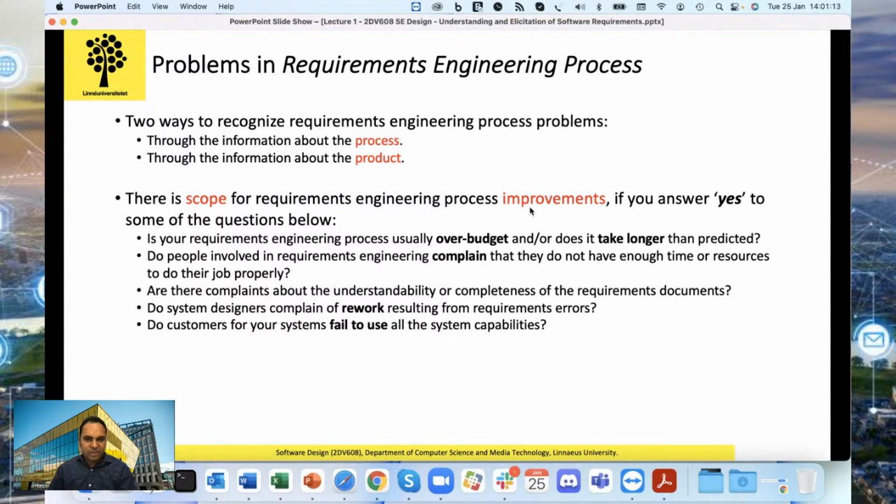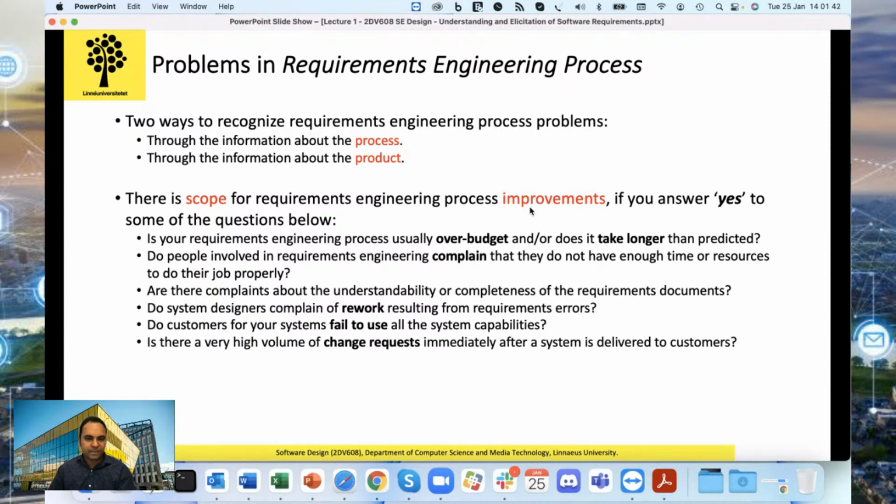Sometimes your requirements engineering process might miss some of the requirements to be implemented or tested, and as a result your end users might not get all the requirements they want as part of the system capabilities. If this is the case, that means your requirements engineering process has a problem.